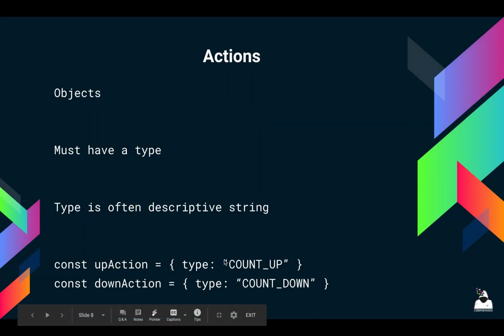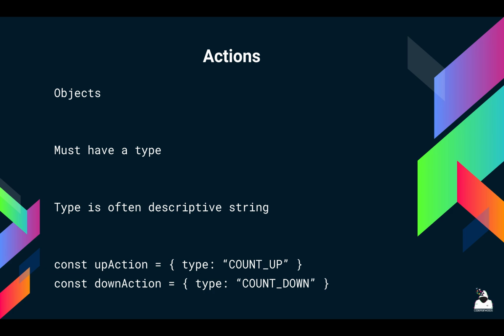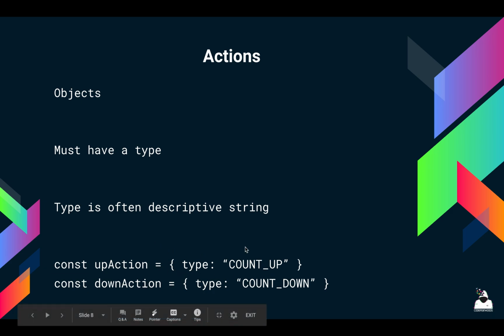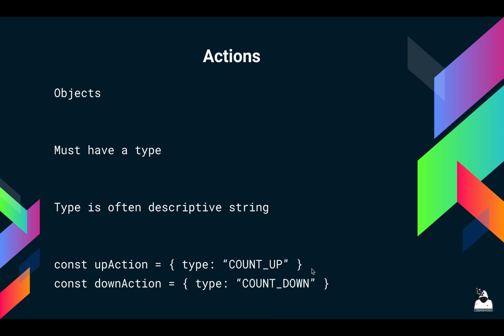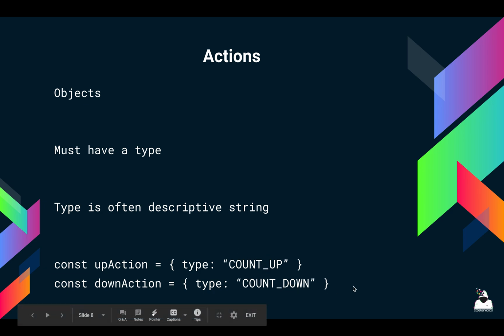So if we dispatch an action, which is this object, which has a key of type, value of count up, that's a bit like calling a function called count up. That is saying, okay, go and do some counting up logic for me and increase some number in some state somewhere. But it's a bit like calling a function called count up or count down, right? We've written functions like that a million times already.